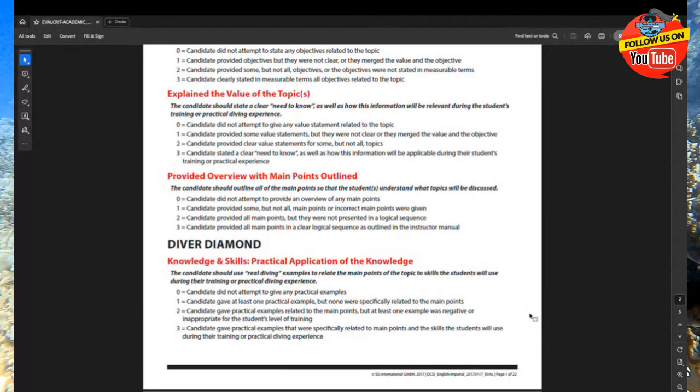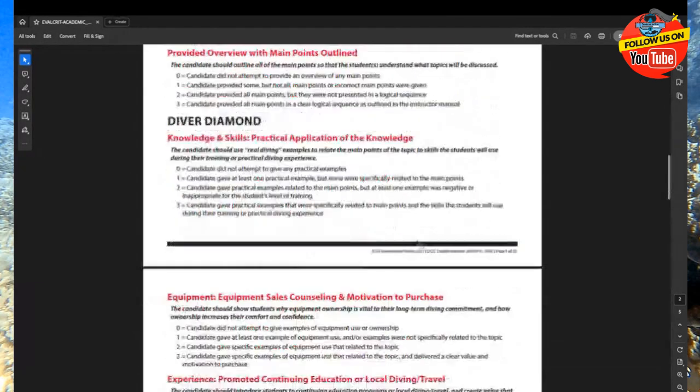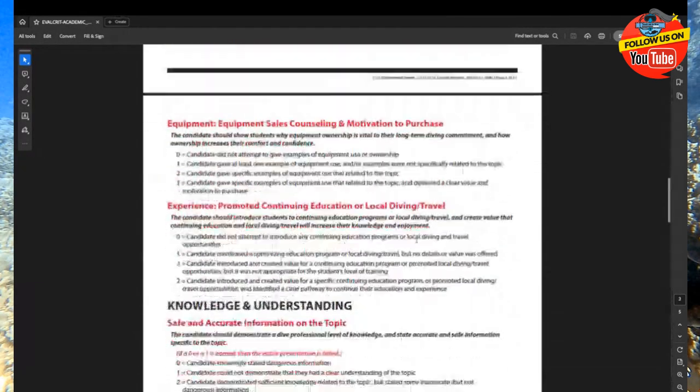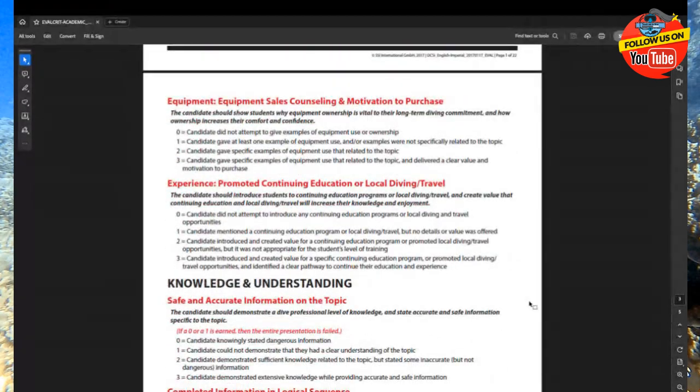Equipment, sales, and counseling. How would you score yourself in that one, Nick? Would you scroll down to that one? Be happy to. Sorry. Candidates should show students why equipment ownership is vital to their long-term diving commitment and how ownership increases their comfort and confidence.